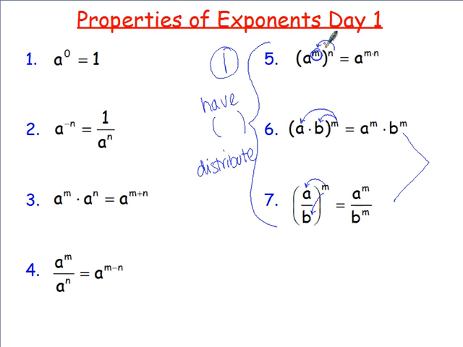Well, you should be thinking multiplication. So if I'm trying to distribute, and there's already a number there, you're going to take this M times this N, and that's your new exponent. So these first 3 properties, okay, distribute, distribute, and while you're distributing, multiply if you have to.